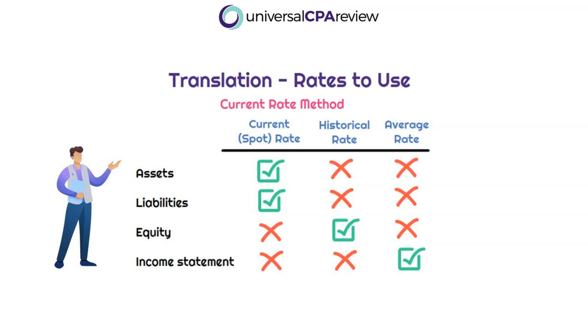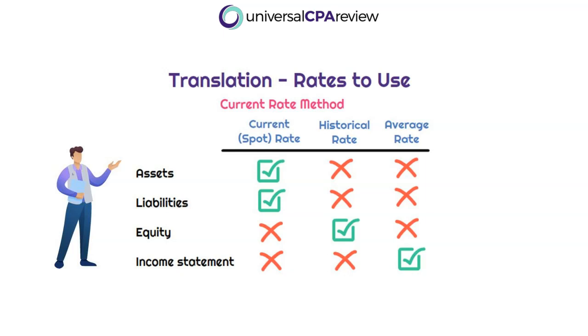For equity, which mainly consists of common stock and additional paid-in capital, those are the two accounts we need to convert, and we would use the historical rate. And for the entire income statement, all revenues, expenses, everything, we would use the average rate, which again can be based on the monthly average, the quarterly average, or the annual average.